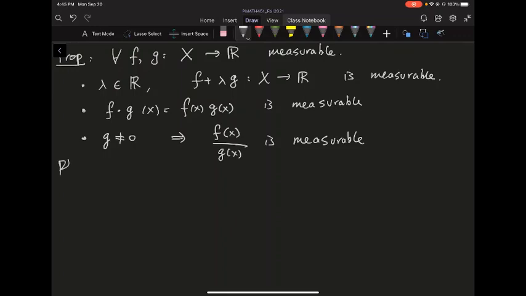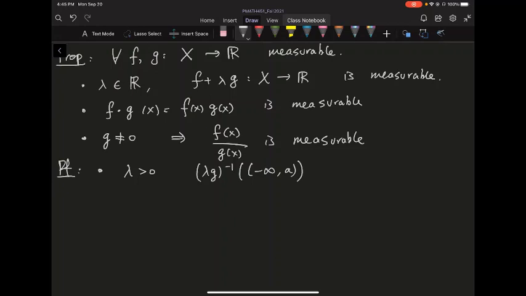Let's prove the first one. To show the first one, we really need to show that I can multiply by a scalar and I can add two things up. So let's do the scalar first. Let's fix lambda, say lambda is greater than 0. Consider lambda g. If I want to show it's measurable, I just need to show that its pre-image of some collection, say negative infinity to a, is a measurable set.